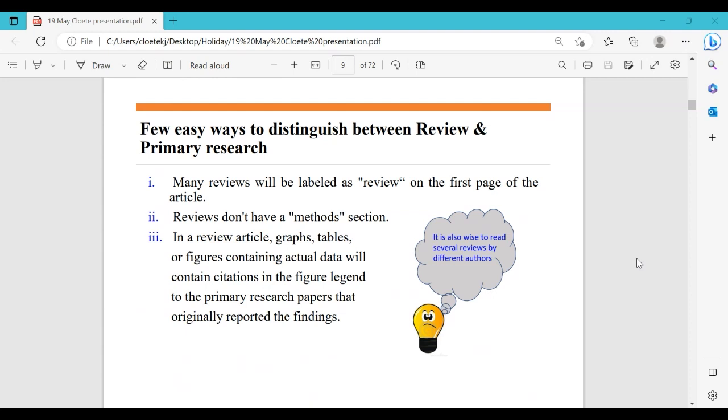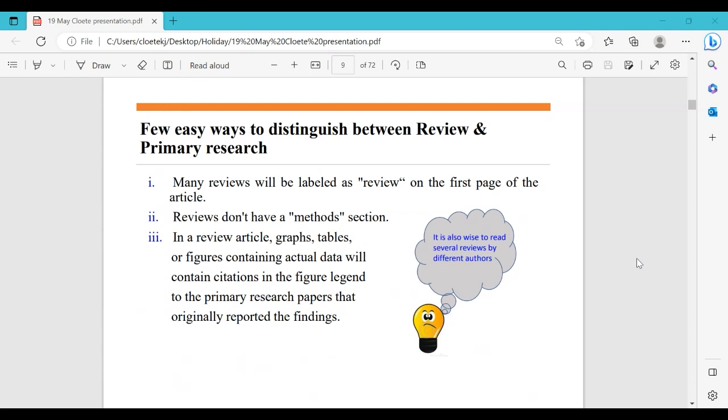So you can contact the journal, explain that you want to use this figure from this specific article for your review that you aim to publish in this journal, and ask them what the process is for copyright clearance. So just a point for the future to remember.